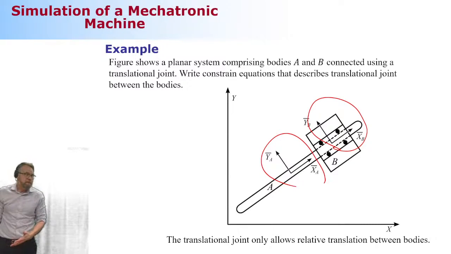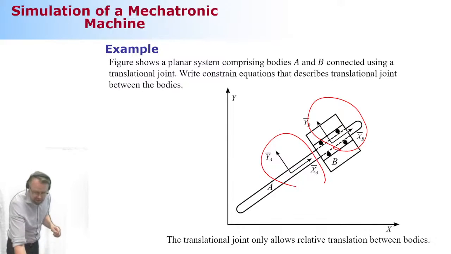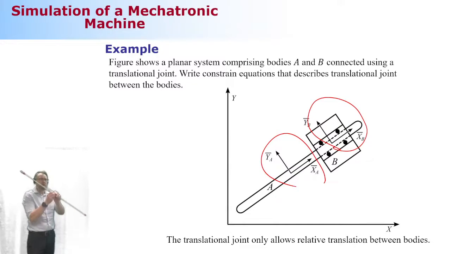The first constraint equation is very straightforward because, because of the translational joint, these bodies have to have the same rotation parameter, theta, because they cannot move like this. That's not possible. They can be initially like this, but once this angle is set, they must have the same rotation angle all the time.